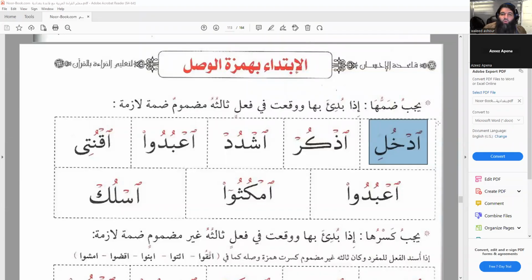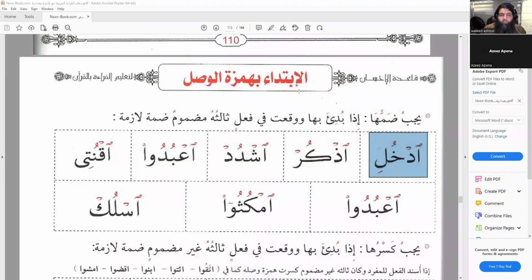Okay, so again, these are the rules for hamzatul wasl. The first rule is if you ever connect hamzatul wasl on the right side, meaning with anything before it, then we do not pronounce hamzatul wasl.